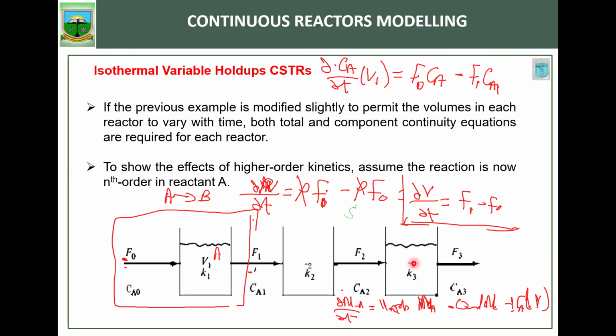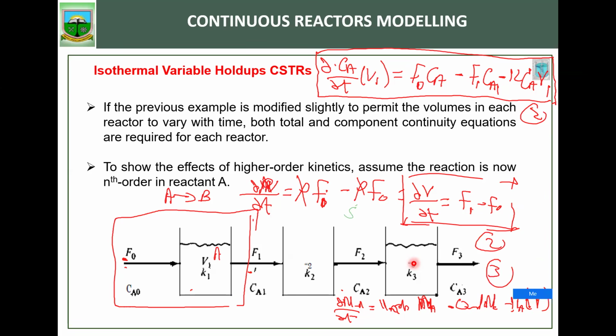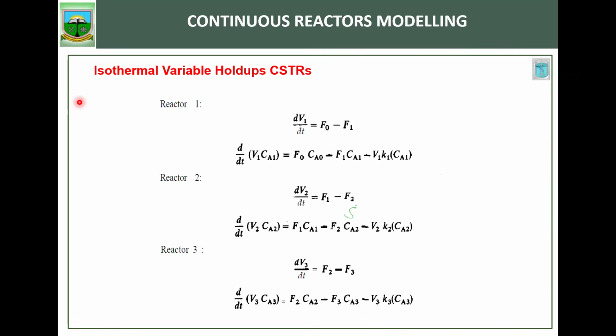Then it's depleting, so it's going to be minus K CA1 V1. So this is the component balance for the first reactor. And you do the same thing. You write this for the second reactor, also for the third reactor. So this is the first reactor.